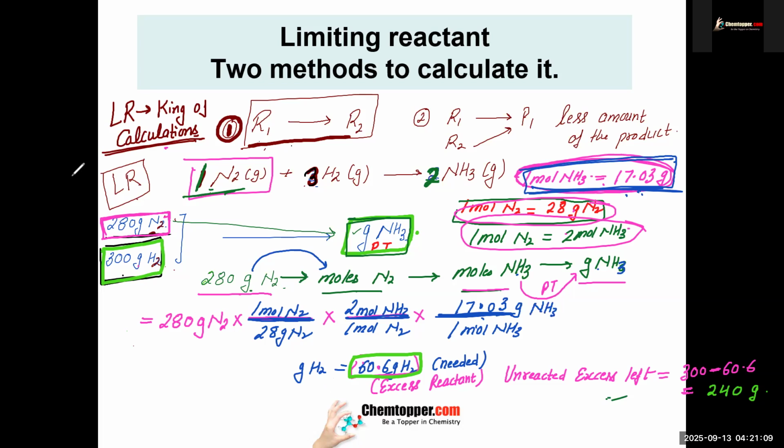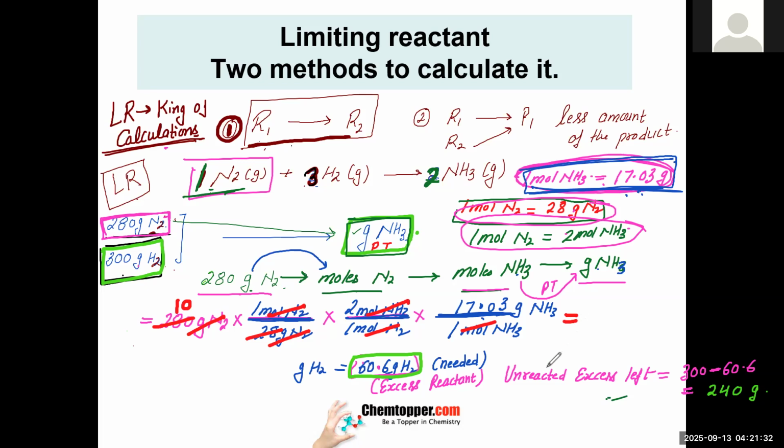That's the ratio. Now check whether we have done all the ratios correctly: grams N2 with grams N2, moles N2 with moles N2, and moles ammonia with moles ammonia. And then just solve it. What's the answer?